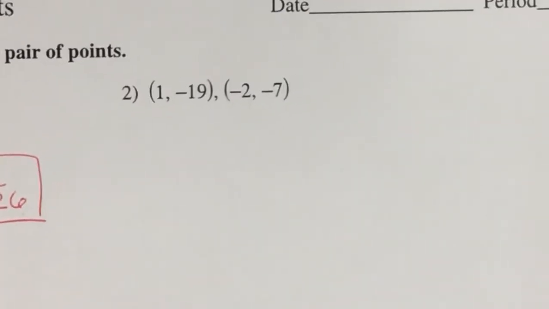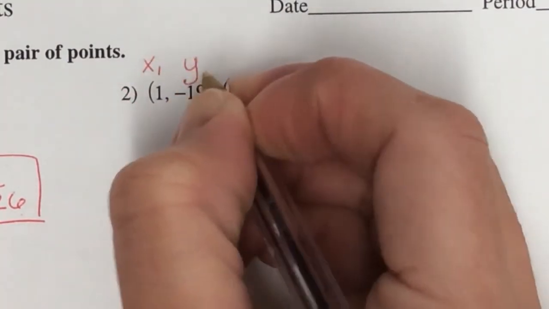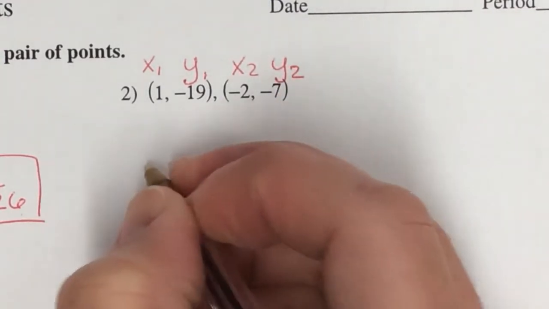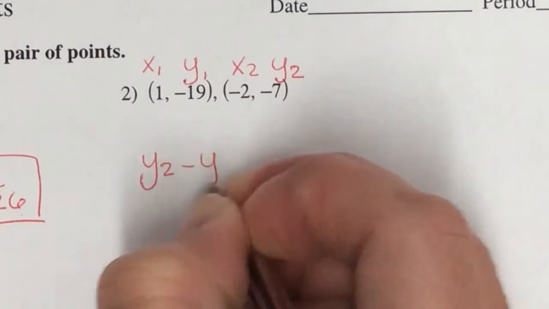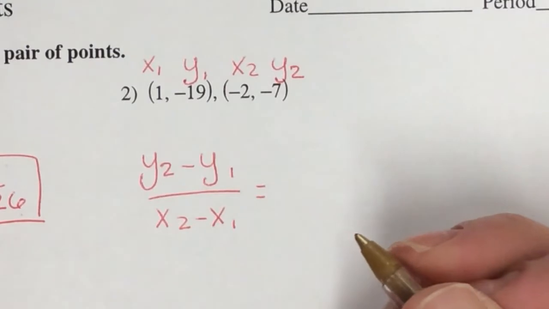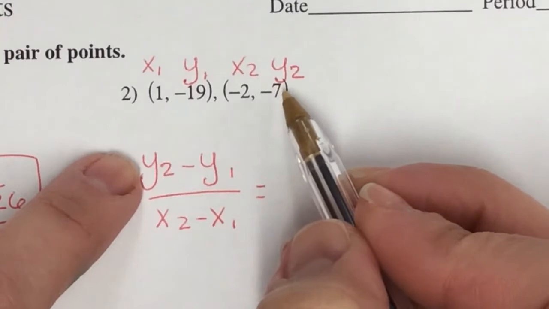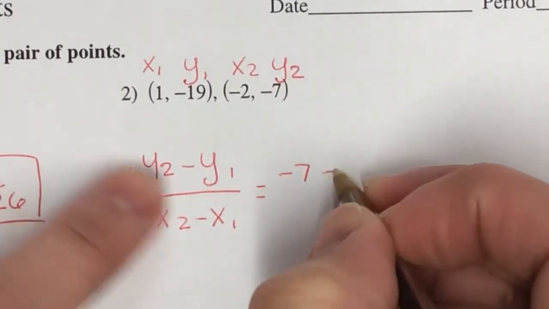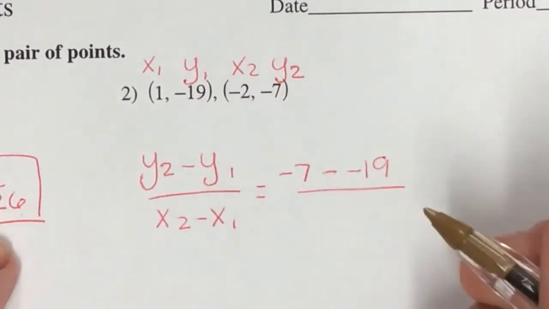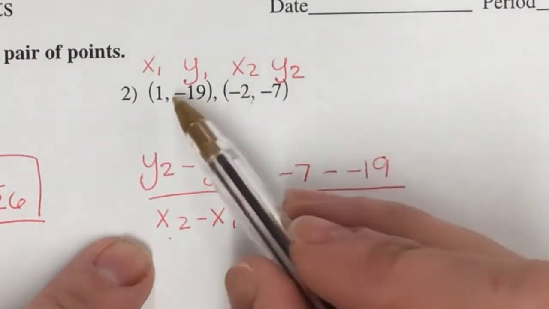Let's go ahead and do number 2. Label your points, x1, y1, x2, y2. Write down your formula, y2 minus y1, x2 minus x1. And now you plug things in. y2 is -7 minus y1 is -19. x2 is -2 minus x1 is 1.